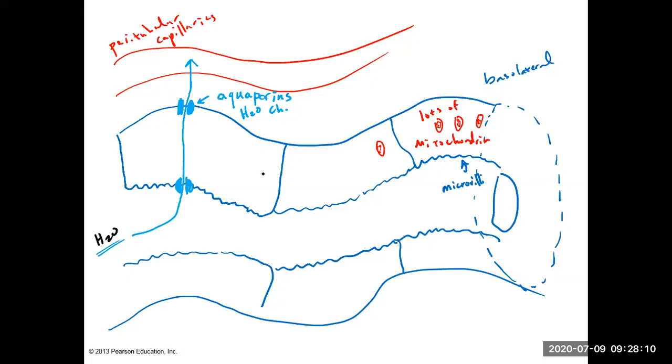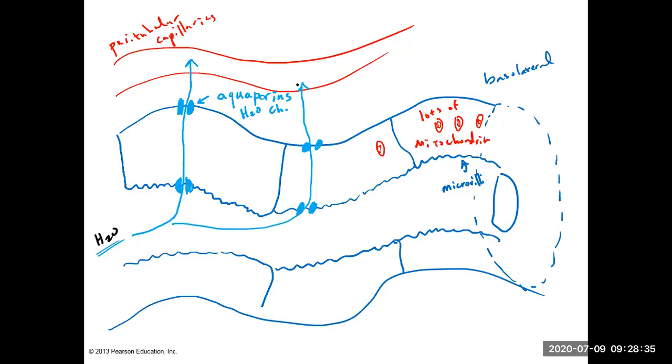By the way, there are other cells doing this as well. I'm just putting one channel, but it could be more than one. There could be many of these on the cell, and they're using them to go to the other side, right through the cell. So water is going to go right through the cell and end up in the peritubular capillary.